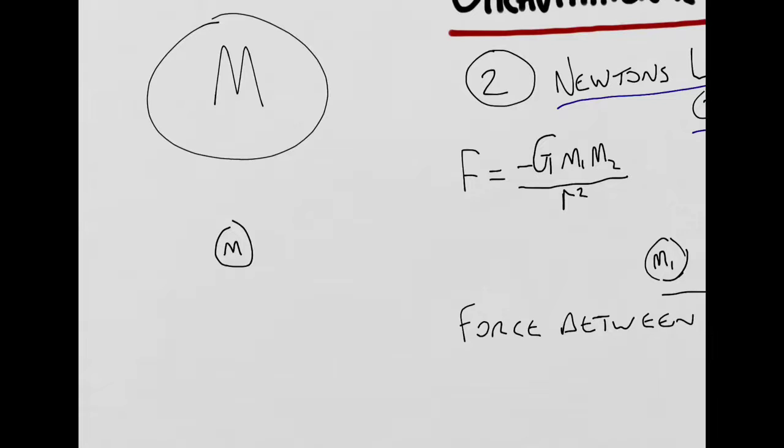So we can rewrite this equation more specific to this situation. Let's say the force experienced by the little mass, because of the big mass, is equal to minus G, capital M, little m over r squared.